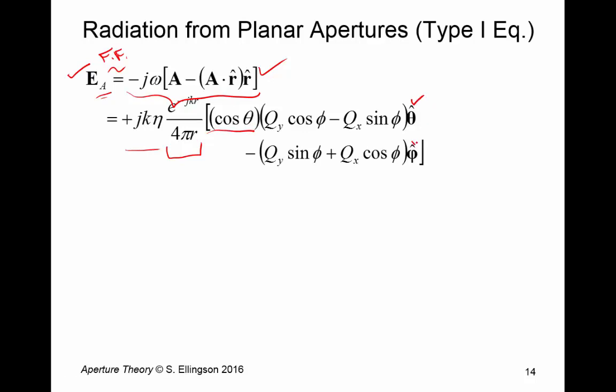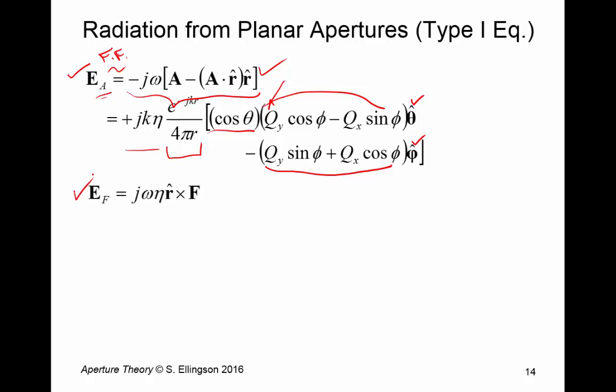We get a theta hat component and a phi hat component. The theta hat component is given by this. The phi hat component is given by this expression, and then just repeating, Q sub x is the x component of the spatial Fourier transform. The y component, Qy, is the y component of the spatial Fourier transform in this case, and so on.